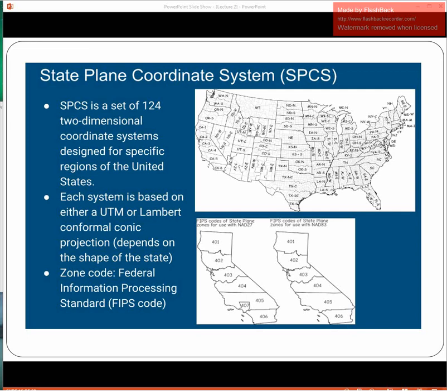An important thing to remember is if you ever see something called the FIPS code, FIPS stands for Federal Information Processing Standard, and it's one of these codes here. And you'll know what coordinate system it's referencing. And obviously many states have multiple coordinate systems within them. This just means we have even more locally relevant accuracy with our mapping.